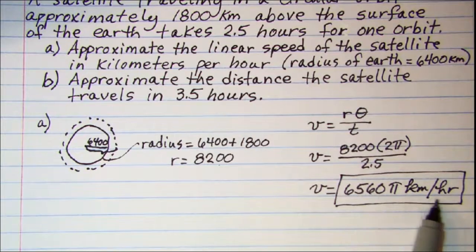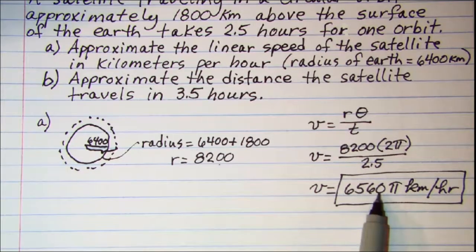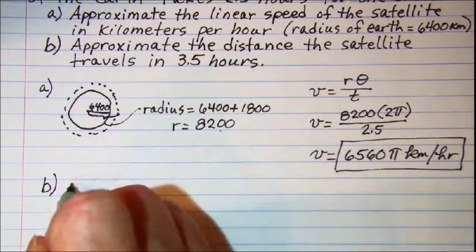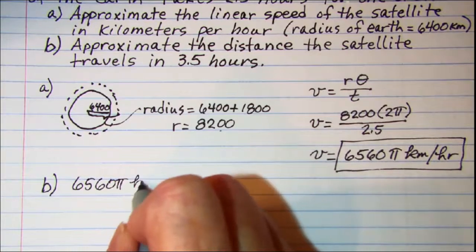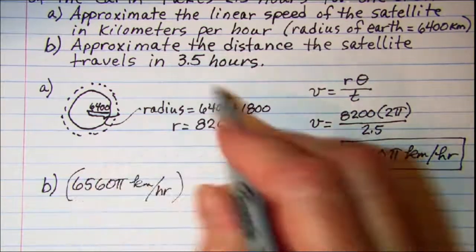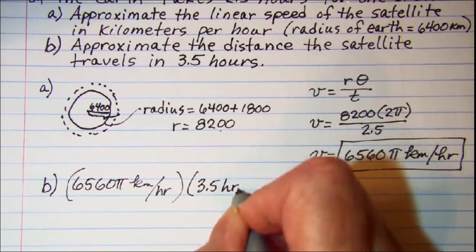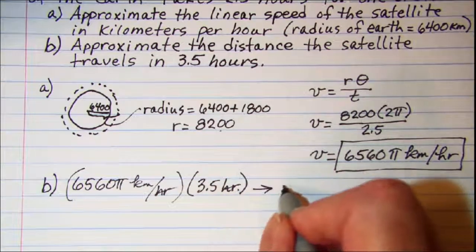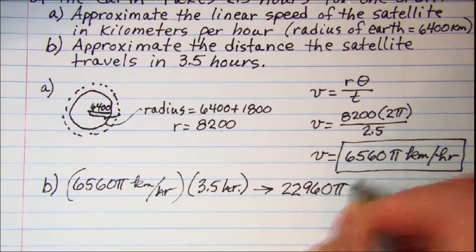Well, this is our speed in 1 hour, so we just need to multiply that by 3.5 to get our answer for part B. So 6,560 pi kilometers per hour multiplied by 3.5 hours. This will give us 22,960 pi kilometers.